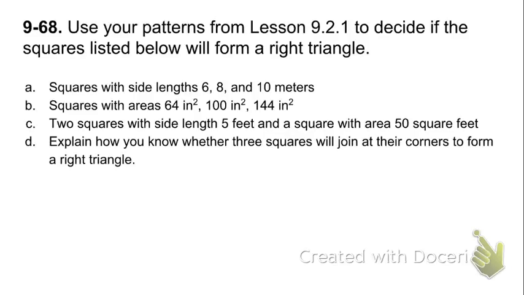All right, D. Explain how you know whether three squares will join at their corners to form a right triangle. Okay, this is what we've been saying. We learned it yesterday, we're covering it again right now, and we've just seen it three different times.